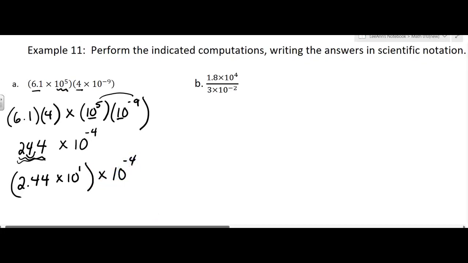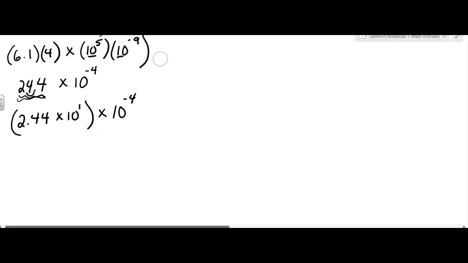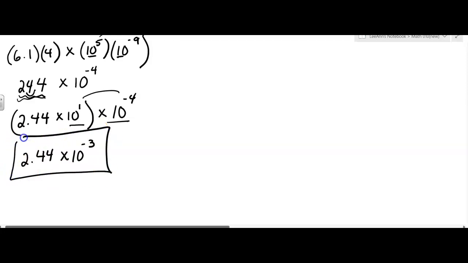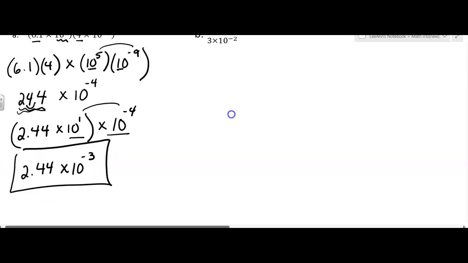Now I can say, well, what's this 10 to the 1st times 10 to the negative 4? 2.44 times 10 to the negative 3. Because I'm just going to add those exponents. The bases are the same. Maybe the parentheses didn't help, but that's what you get. It's a little tricky. Sometimes I have to really think about it.